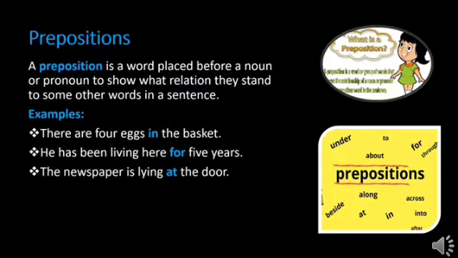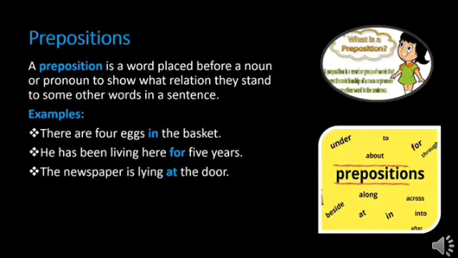For example, there are 4 eggs in the basket. In is a preposition used here which tells us where the 4 eggs are: in the basket. He has been living here for 5 years.